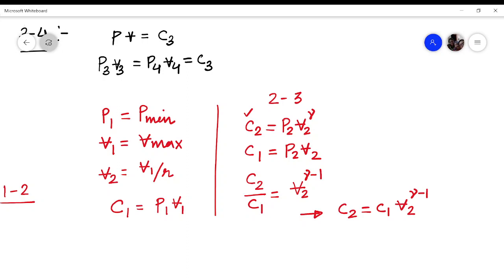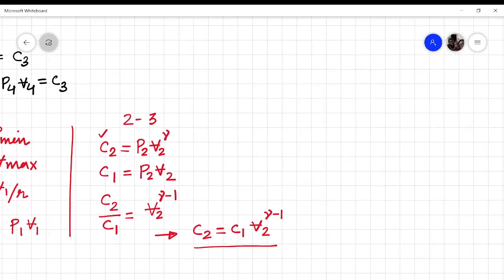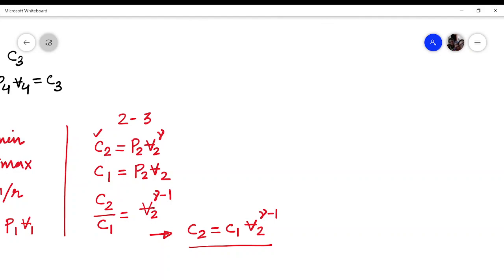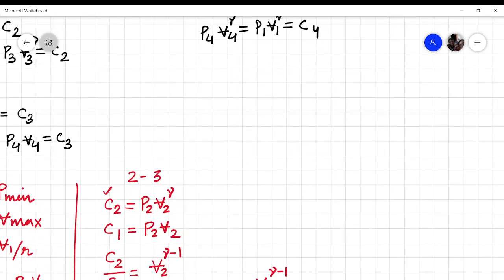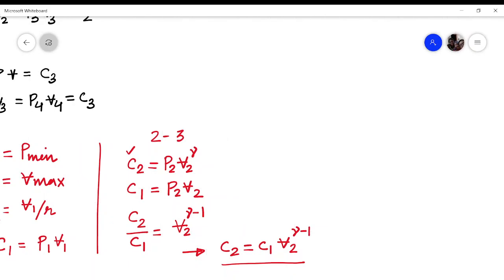Now that's good. Once I know C2, what I can do is I can evaluate the value of volume at point number 3 here. So what is the volume at point number 3? So that will be P3 V3 to the power gamma is equal to C2.